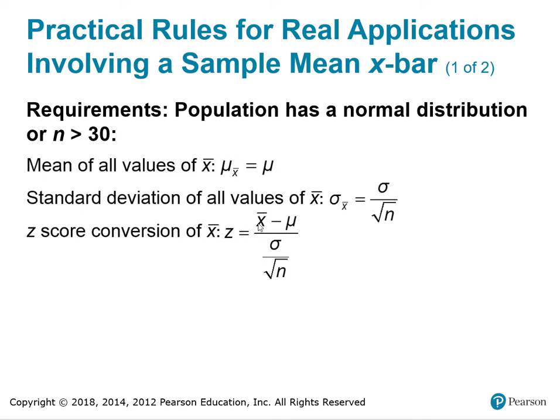So really we're doing x bar minus mu over this right here. When you're doing this in your calculator, make sure you do this part right here first, and then do the sample mean minus the population mean. Make sure you go step by step in order to avoid any mistakes.